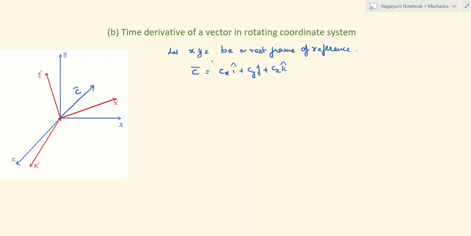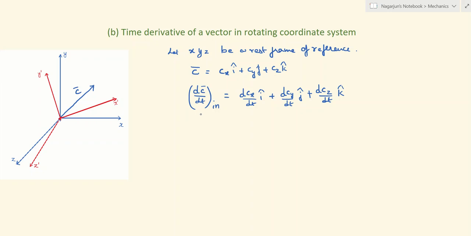So the time derivative of this vector with respect to this inertial frame can now be expressed like this: dc bar by dt with respect to the rest frame or the inertial frame is equal to dCx by dt i cap plus dCy by dt j cap plus dCz by dt k cap.